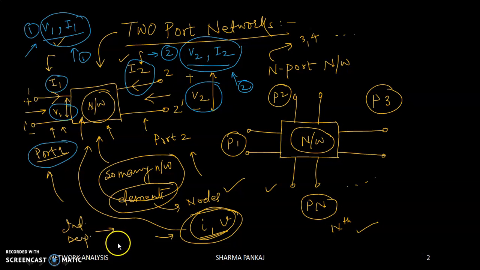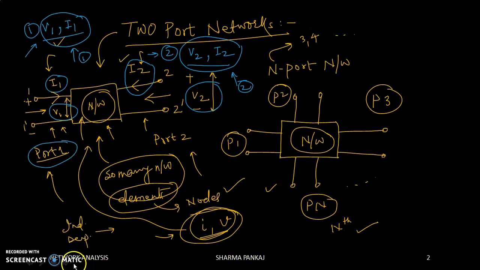So let us start the parameters of two-port network, which is actually the core of this topic. This is the mathematical tool, the equations given by two-port networks in network analysis, which will be applied to practical as well as theoretical problems. What is meant by parameters?